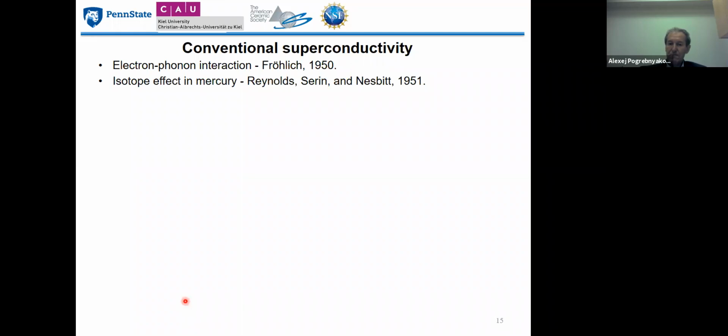So, conventional superconductivity. After the discovery of superconductivity and up until 1957, the mechanism of superconductivity was not understood, despite many brilliant minds that tried to tackle this problem.